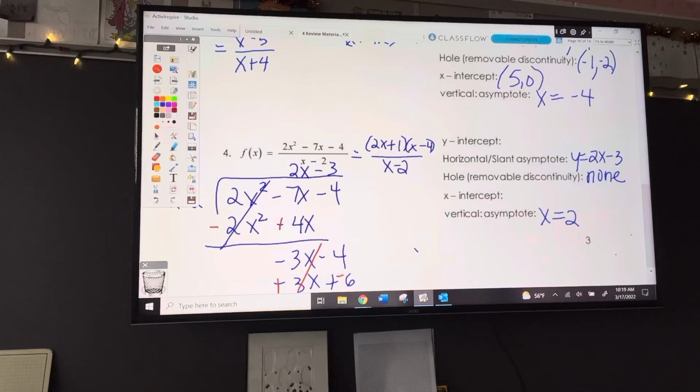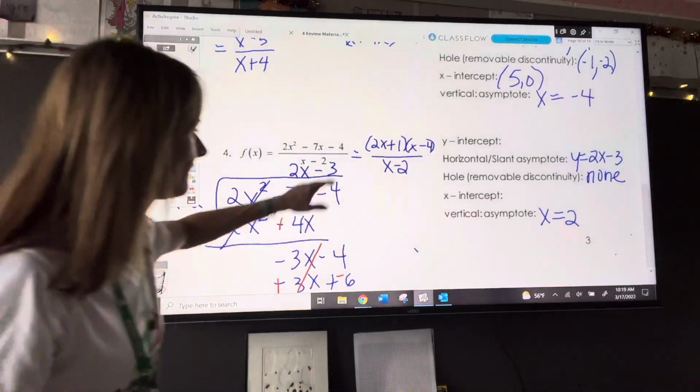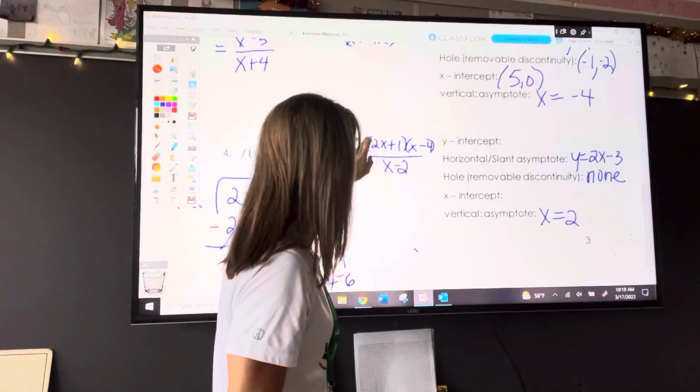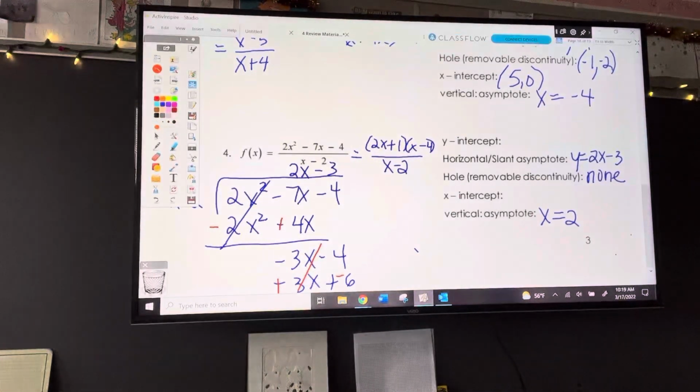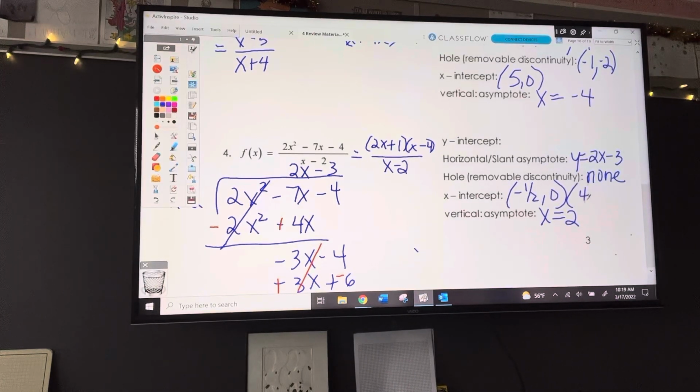Okay, so if I take a look at the numerator, what can I put in here to make this 0? What can I put in here to make this 0? Those are our x-intercepts. So that's at negative 1/2, 0, and then 4, 0. And the y-intercept is, when I plug in 0 for x, I get 1 times, just make sure that's right.